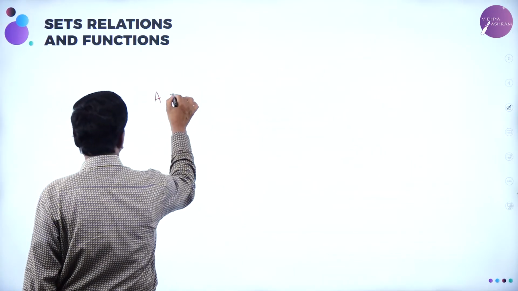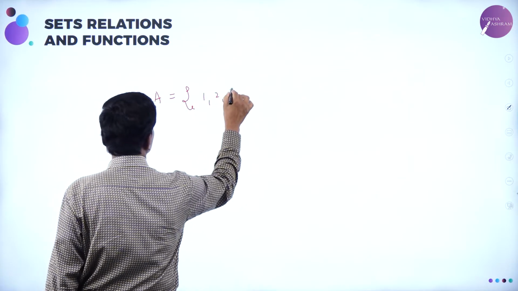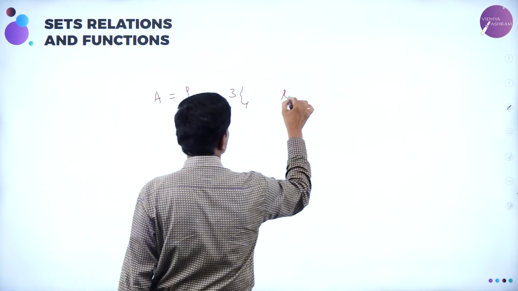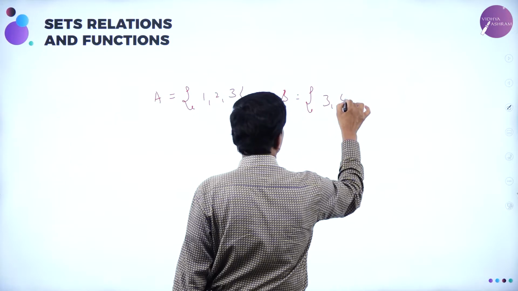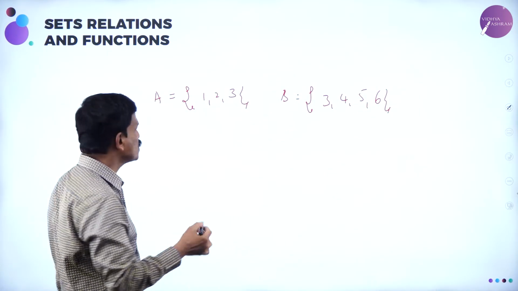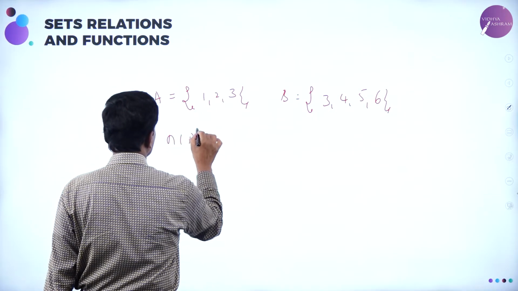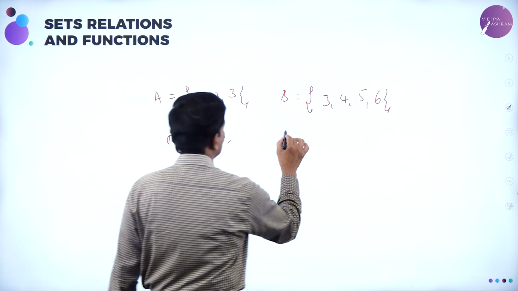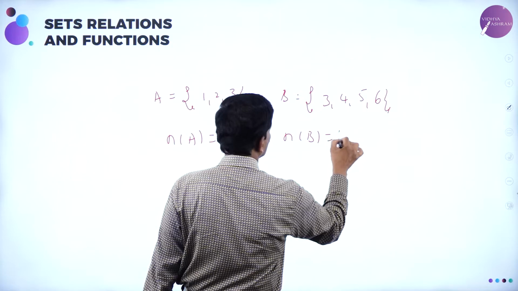Suppose A is equal to {1, 2, 3} and another set B is equal to {3, 4, 5, 6}. Then the cardinality of these two sets: n of A contains 3 elements and n of B is equal to 4 elements.